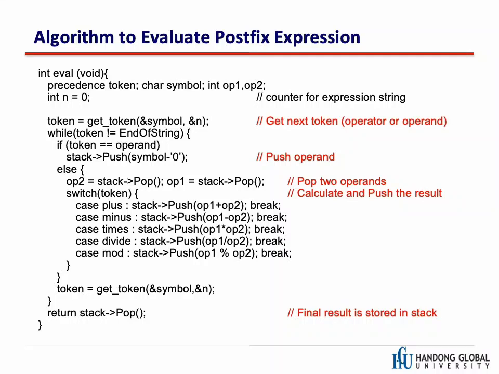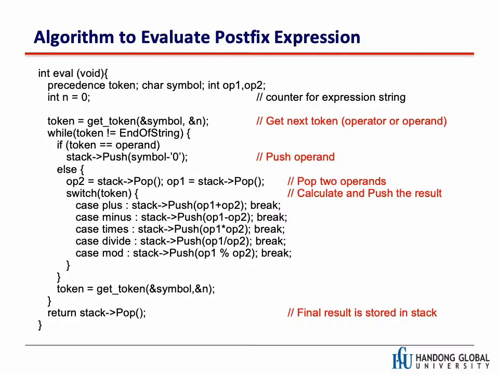We check this token, and if the token is plus, then we evaluate op1 plus op2. The result will be pushed back to the stack, and then we break. If it is a minus, then we evaluate op1 minus op2, and then we push the result back.